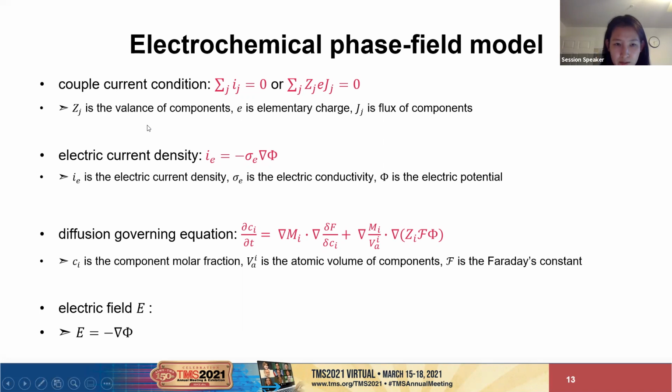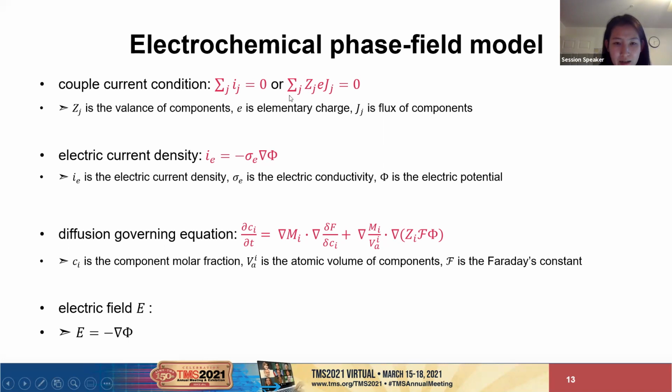Several assumptions are being made. The first assumption is the coupled current condition. What it means is that the sum of all the current densities is zero, because we want the metal charge density and the electric charge density to be cancelled.